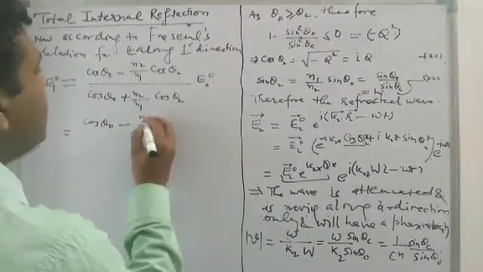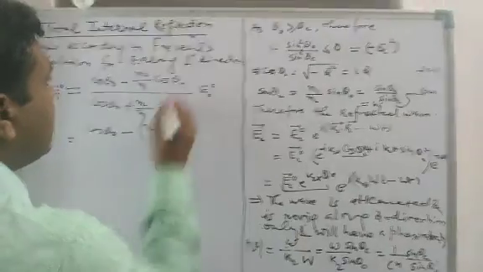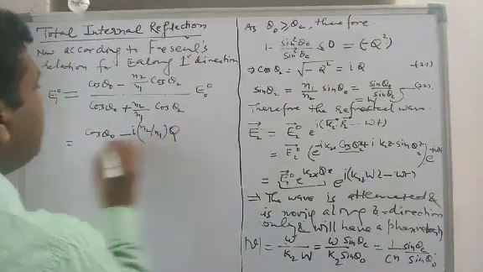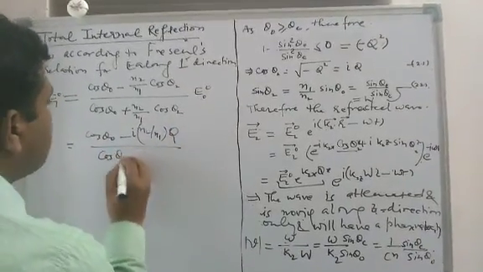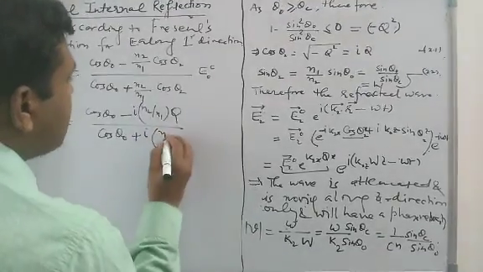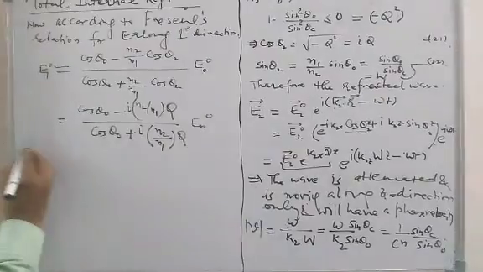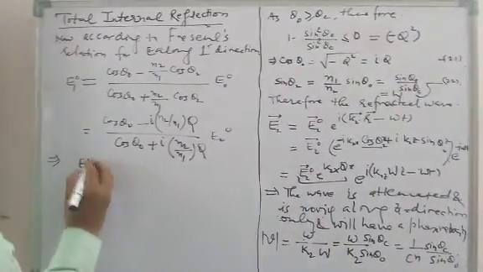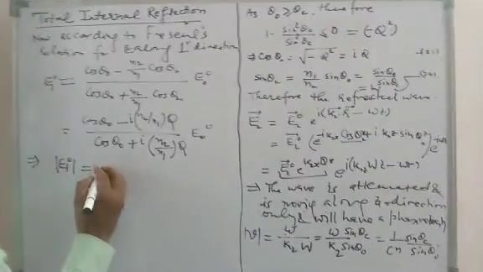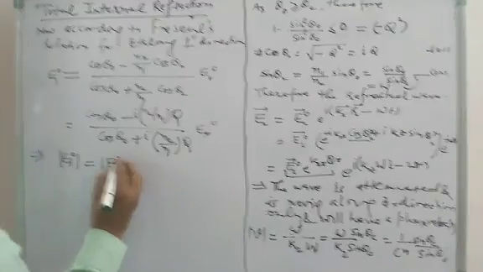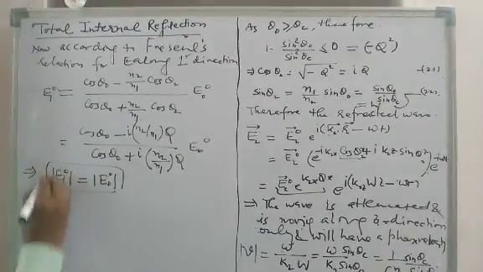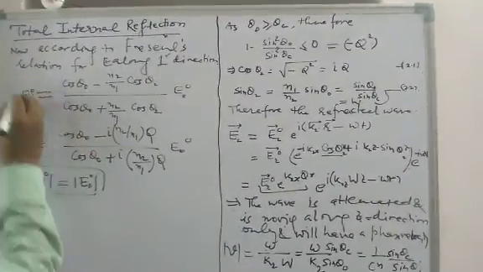So this is also cos theta 0 plus i n2 by n1 times q. And therefore, E1 naught is equal to E2 naught. So these are going to be the magnitude for the perpendicular case.